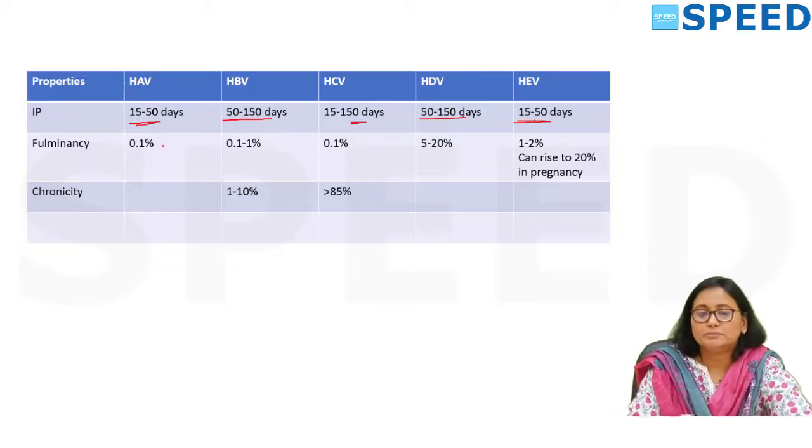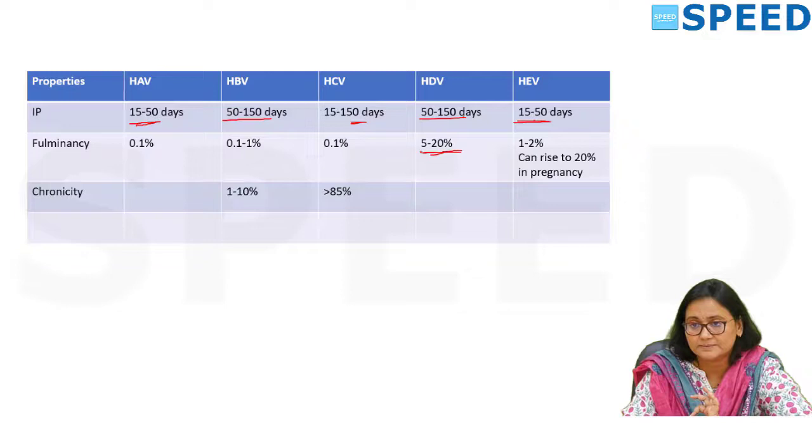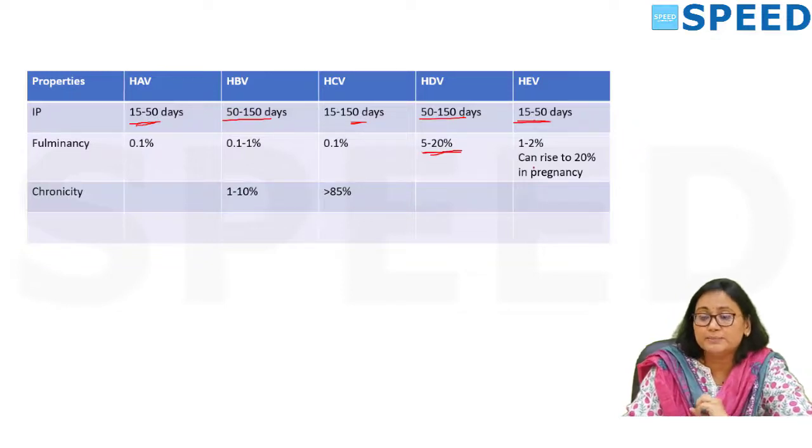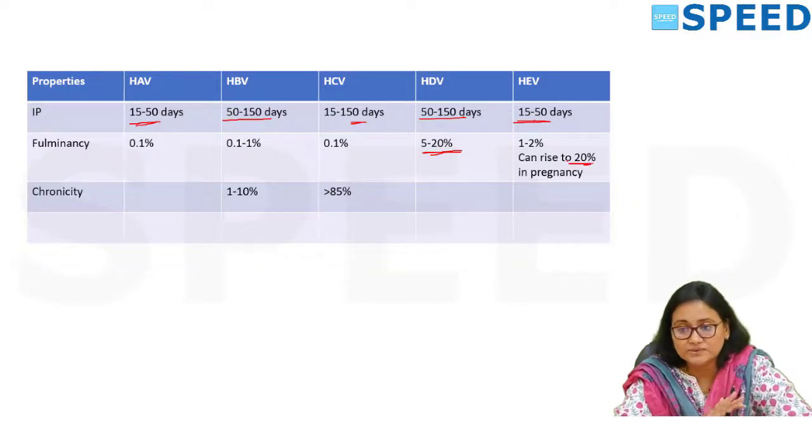Fulminant rate will be highest in hepatitis D virus. Fulminancy in pregnancy rises in hepatitis E virus. So you have to see the question: if they are asking which hepatitis virus has the highest rate of fulminancy, the answer should be hepatitis D virus.